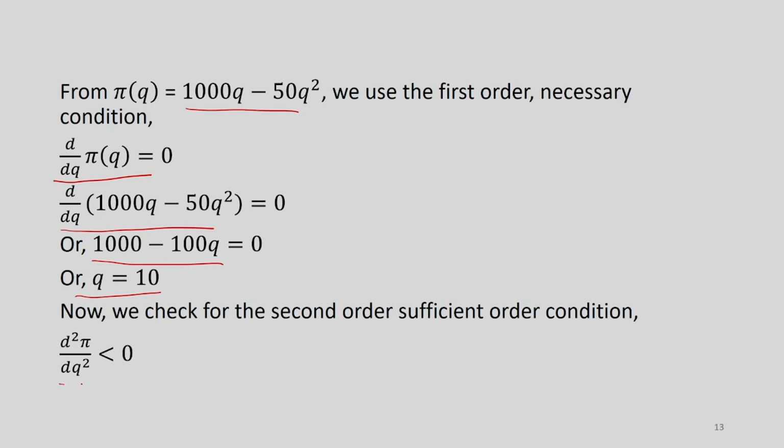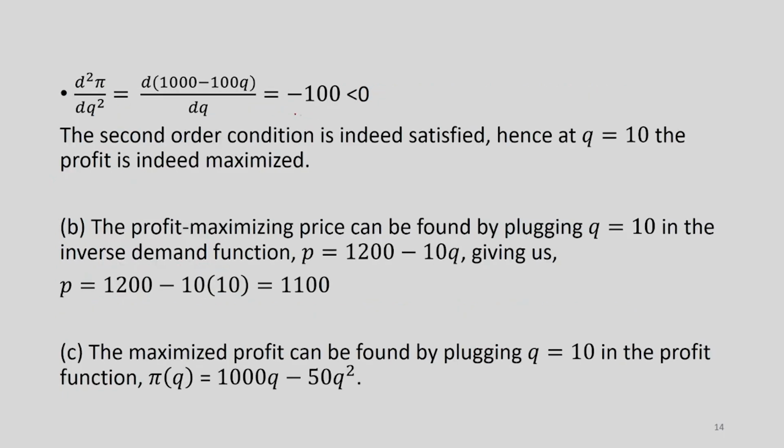We have to have the second derivative of the profit function to be negative. Here actually it is negative because this is the first derivative, and if you take the second derivative, you just get minus 100, which is negative. So, the second order condition is indeed satisfied, hence Q is equal to 10.